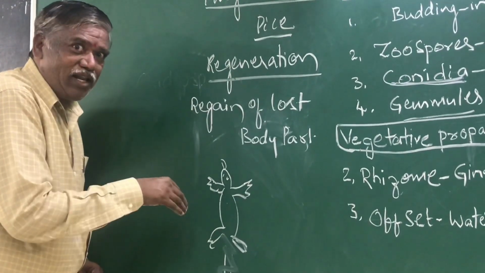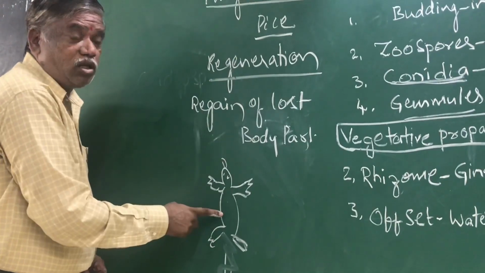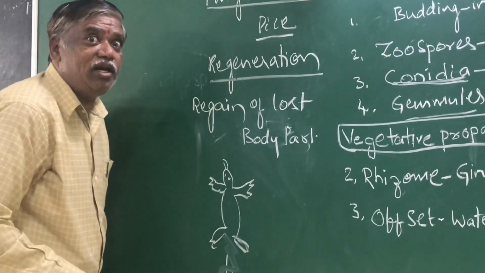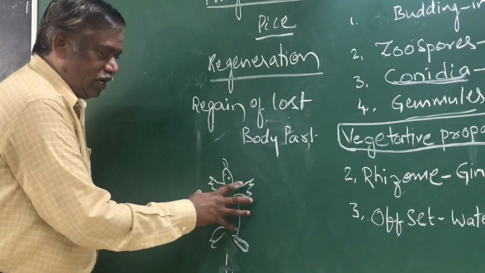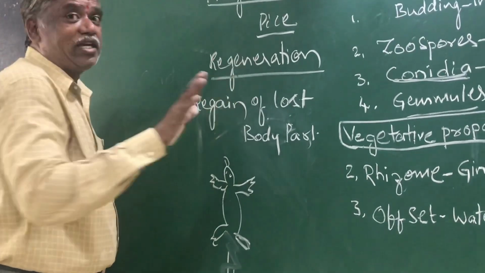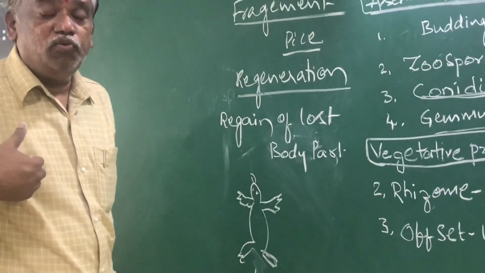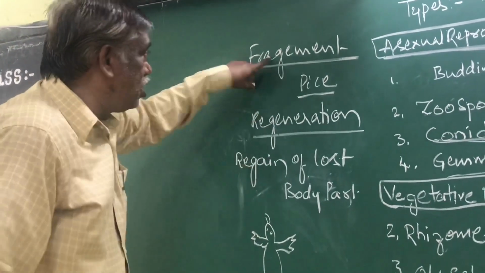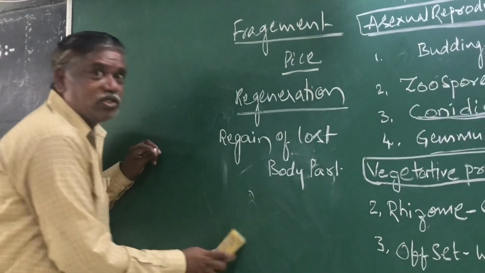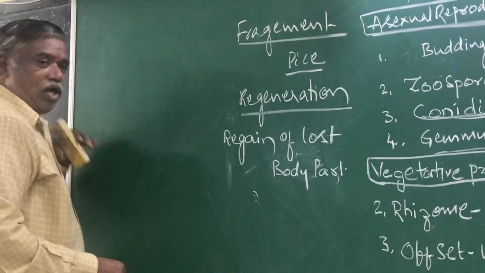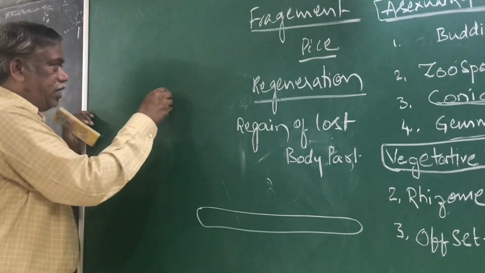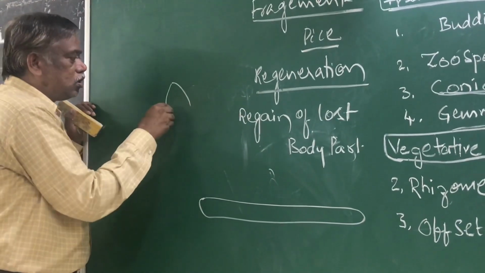If they lose a body part, the lizard shows regeneration, and it will be regenerated again. So in lizards we can see the regeneration character, but we do not have regeneration. But now come to fragmentation. See, it is an earthworm. It is planaria.